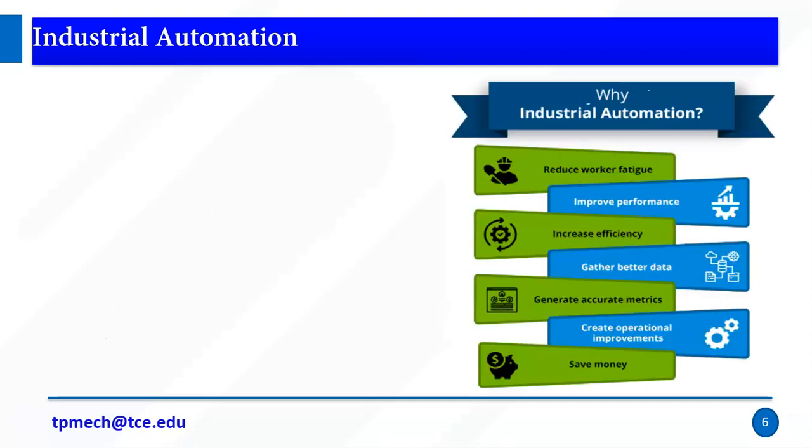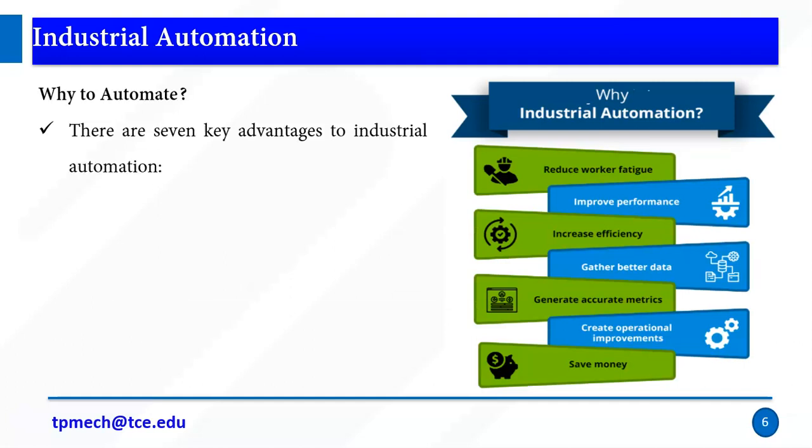The next topic is why we need industrial automation. There are many advantages, but here we are going to see only 7 key points. One is to reduce worker fatigue. If a worker does a repeated task, he may get fatigued, and due to the fatigue he may make errors or do things in the wrong manner.